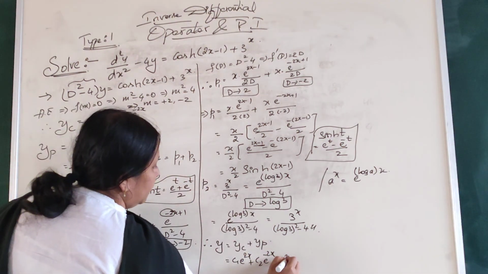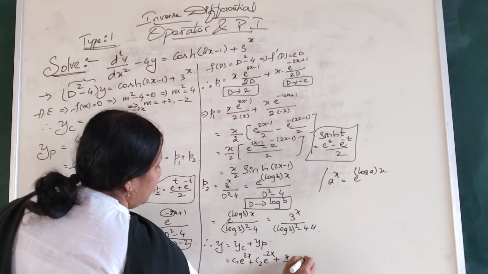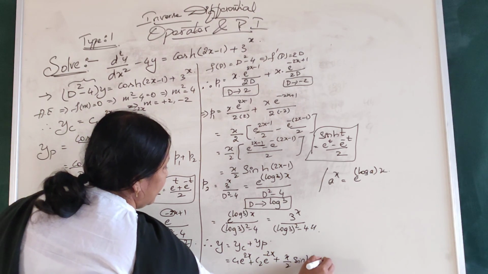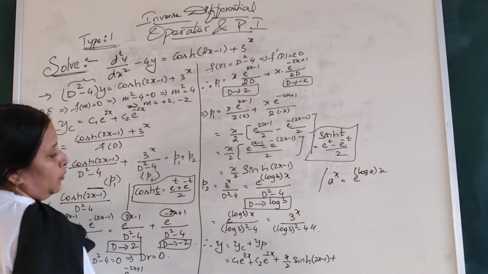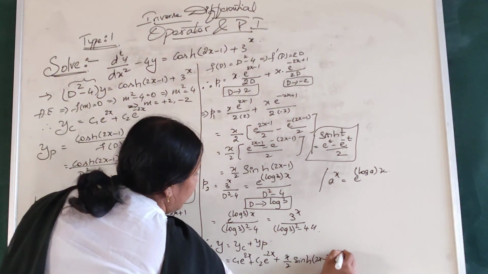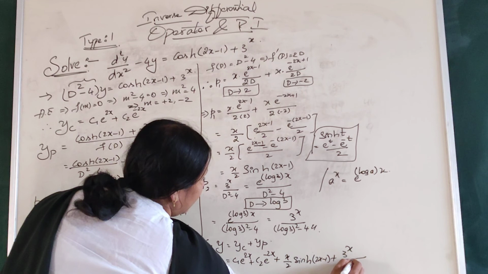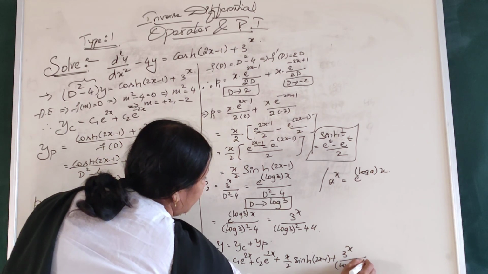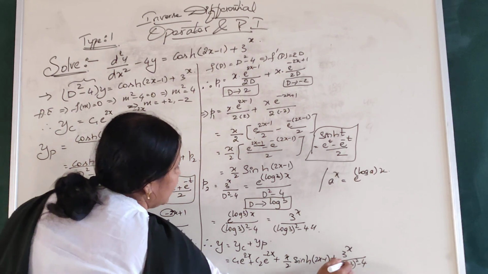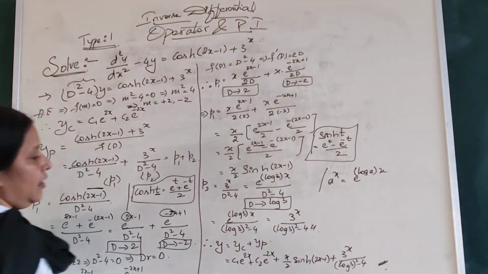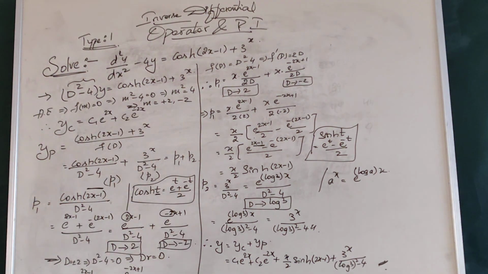X by 2 into sine hyperbolic of 2x minus 1, plus P2. How much is P2? Whatever we got here, 3 raised to x divided by log 3 the whole square minus 4. And we can't simplify this any further. So this is our final general solution of the given differential equation.